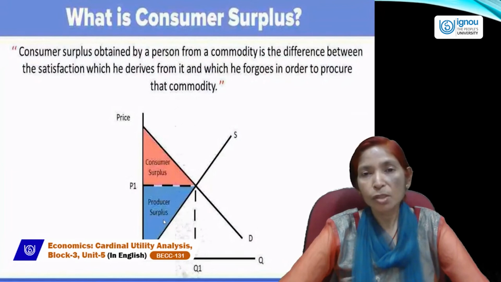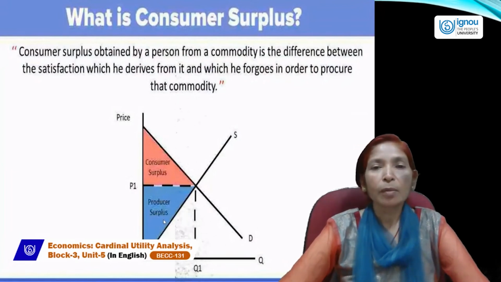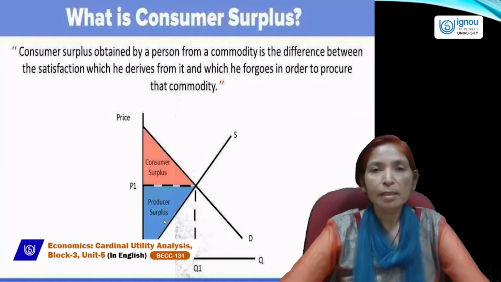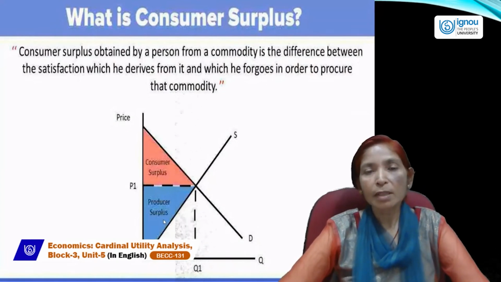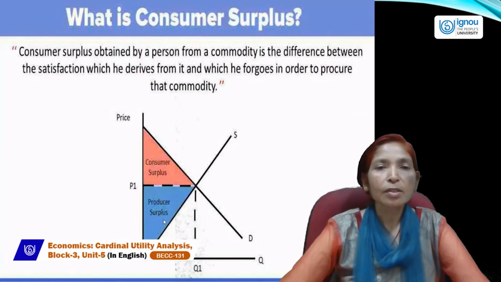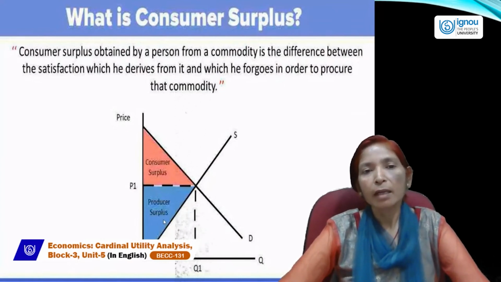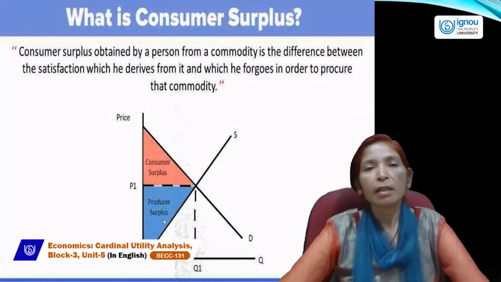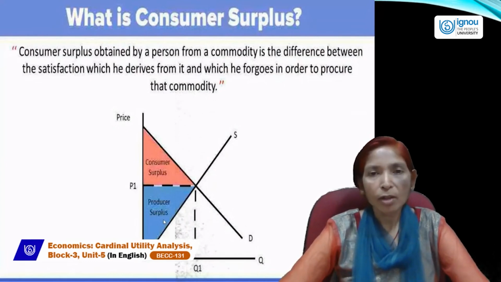Next is, what is consumer surplus? This consumer surplus was also introduced by Dr. Marshall, and this is also related to consumer behavior. Consumer surplus obtained by a person from a commodity is the difference between the satisfaction which he derives from it and that which he forgoes in order to procure that commodity.